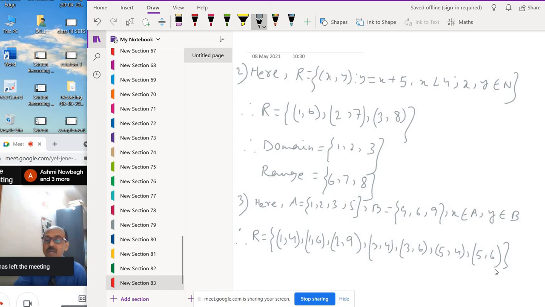X is first set, Y is second set. Now, relationship between the sets P and Q. Write this relation in the set builder form, and number 2 roster form also. And what is its domain and range.